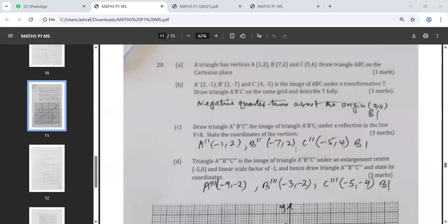And then measure it from O towards the same side as A, if it is positive. If it is negative a half, you measure it from O going towards the opposite side of A to get your A prime. So if you've done that for all the points, the image will be smaller than the object. If positive, the image will be in between the object and the center of enlargement. If negative, the image of course will be on the other side of the center, but it will be inverted.